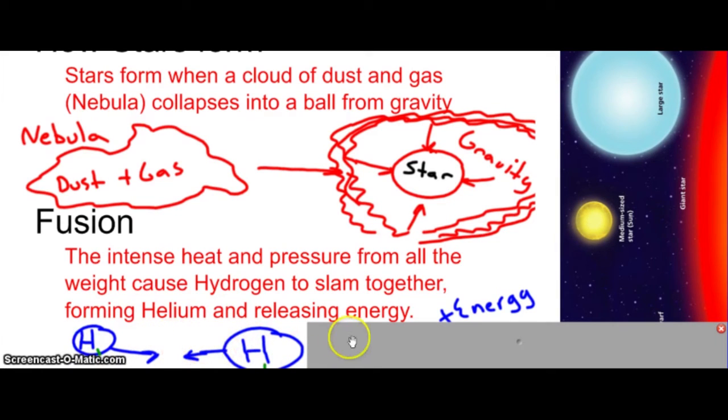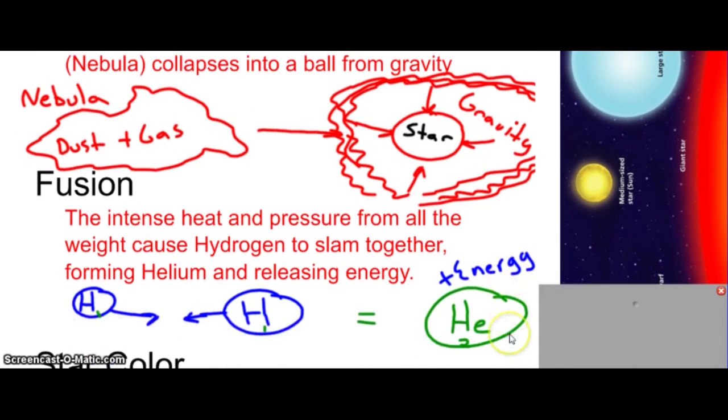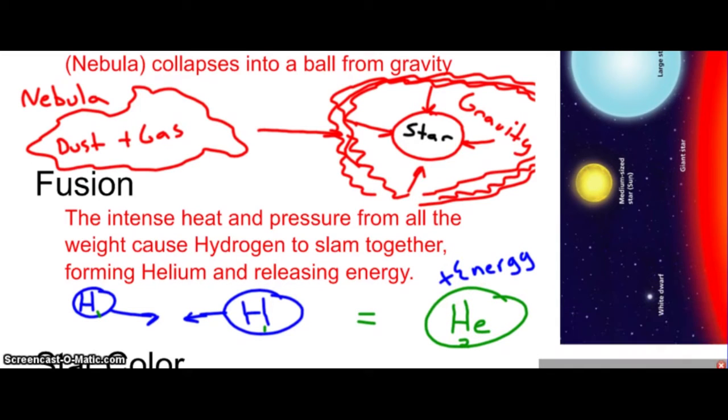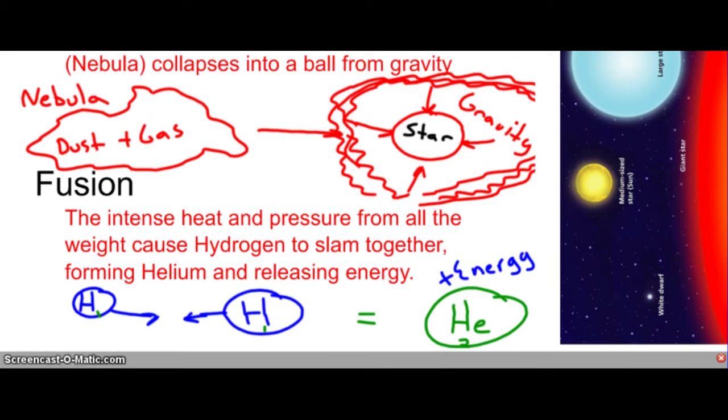But if they slam together, they end up making helium and releasing just a ton of energy at the same time. That's what a fusion reaction is basically: hydrogens coming together and creating helium and releasing just an absolute ton of energy.